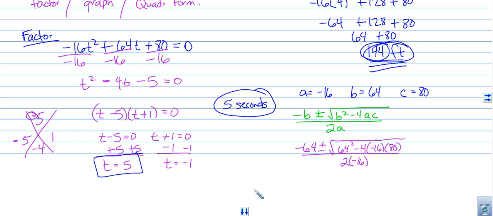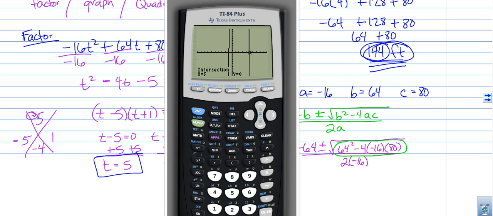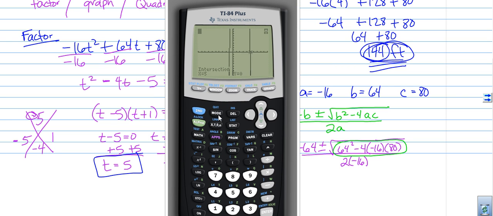Okay? So then you want to take and put all of this in your calculator. So I'm going to pull the calculator back up. Okay? I'm going to get out of this, and I'm going to put it in parentheses, 64, and I'm going to square it minus 4 times -16 times 80.